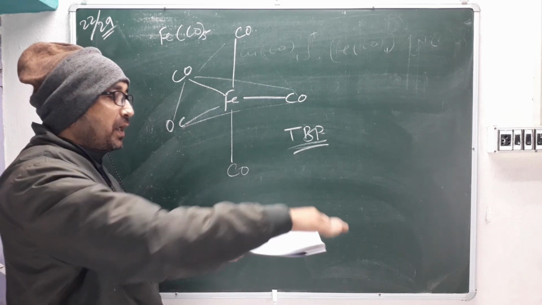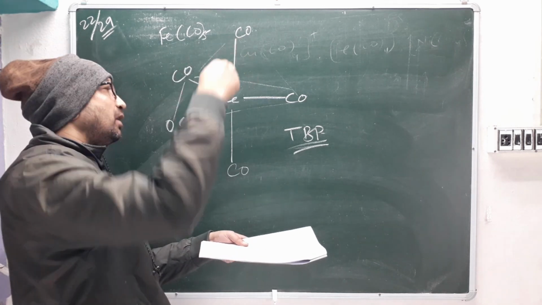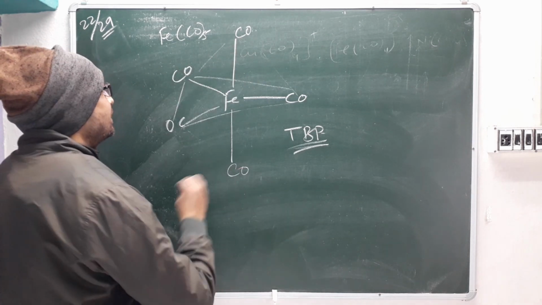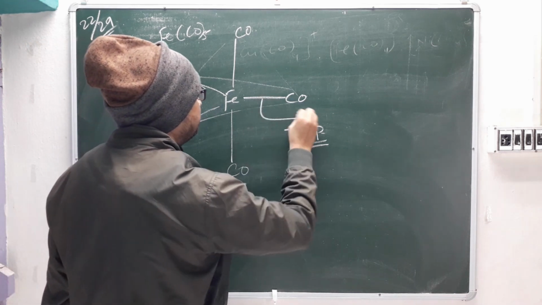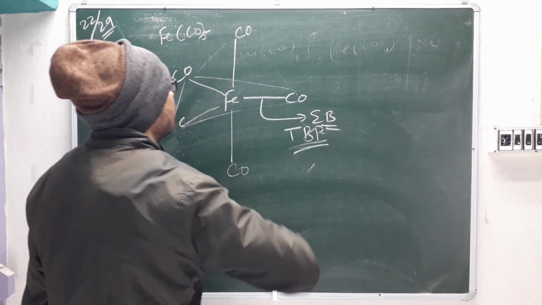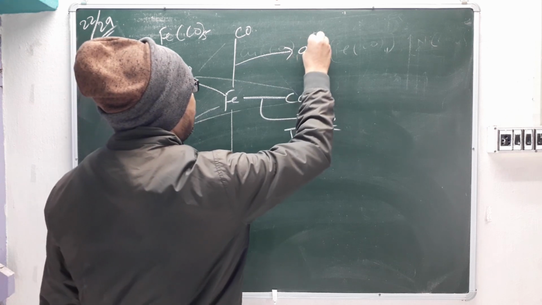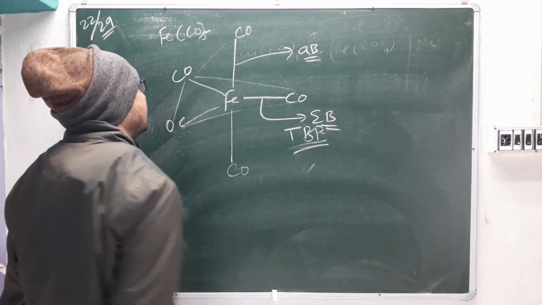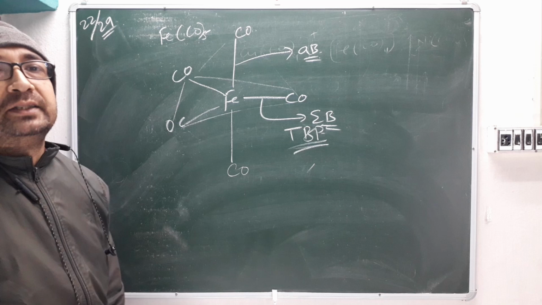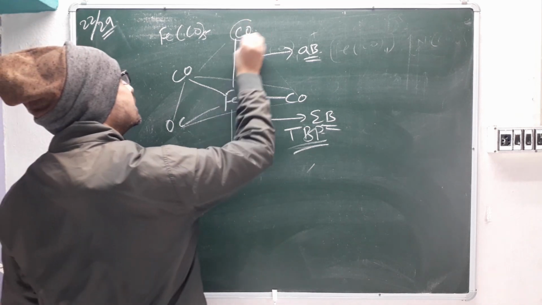This one will be in a plane, this carbonyl is up, this carbonyl is down. So this is the equatorial bond, EB. This one is the axial bond, AB. Now this equatorial bond and axial bond are not similar, because this is a larger molecule, correct?